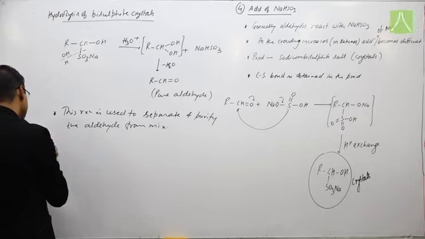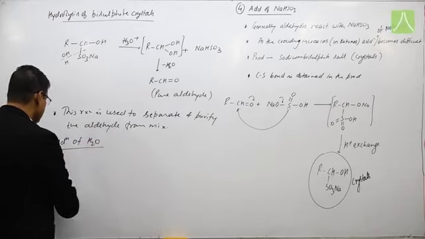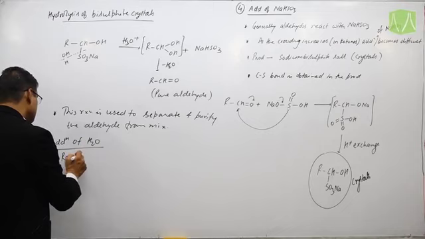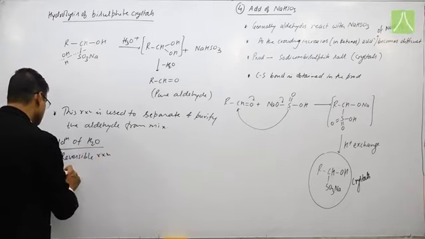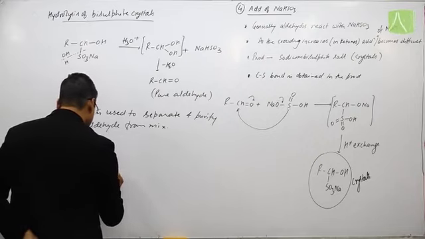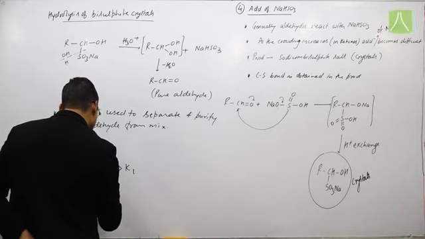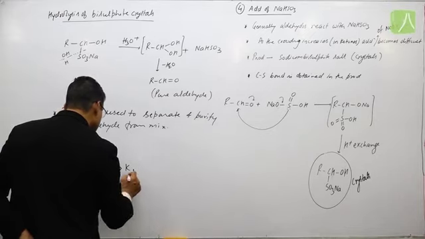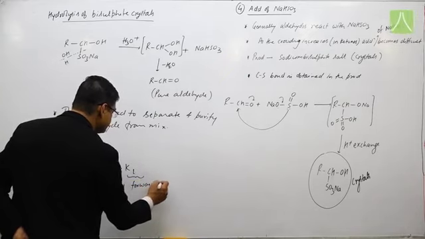The next addition reaction is addition of water. It is a reversible reaction. Generally, K-1 is greater than K1, that is, the rate of the backward reaction is greater than the rate of the forward reaction.